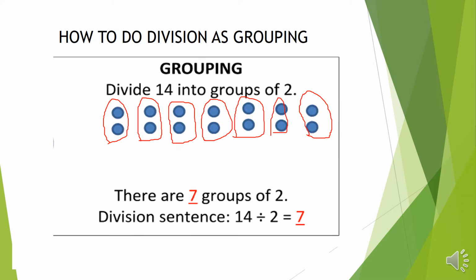The division sentence will be 14, which is the total number, divided by 2 in a group, which is equal to 7 groups. This is how we do grouping. We will get to know how many groups there will be.